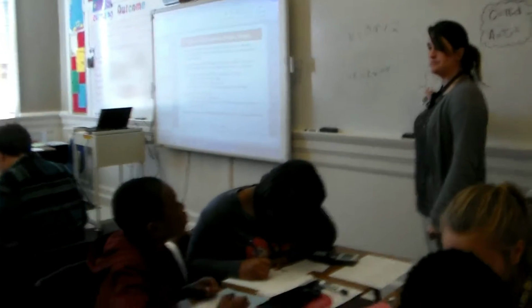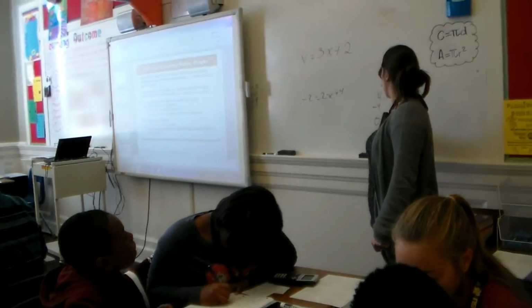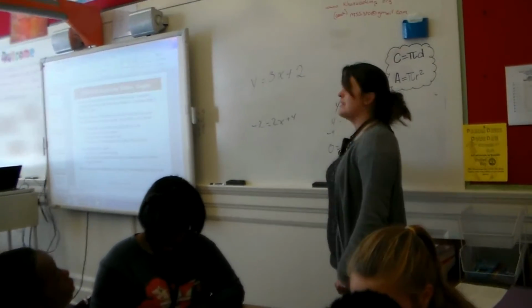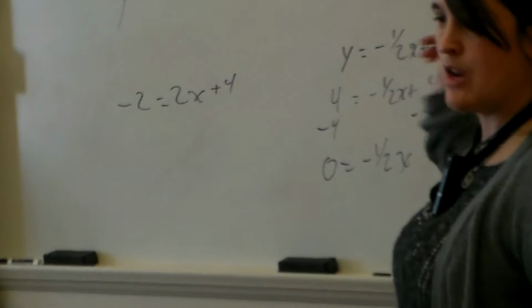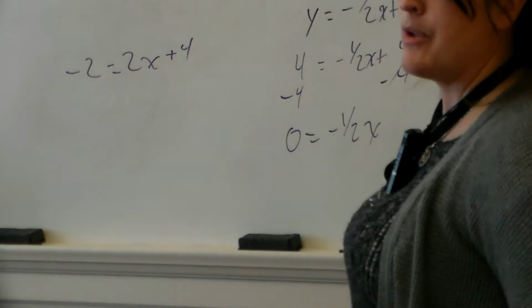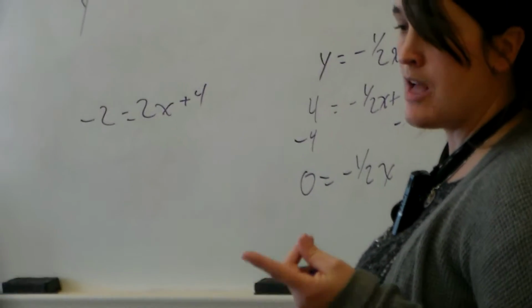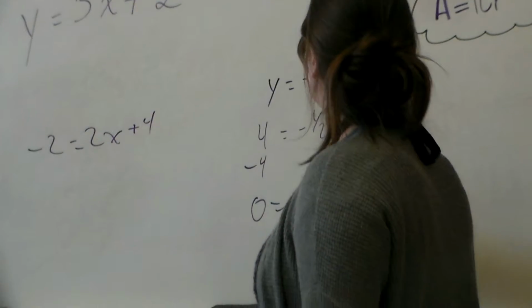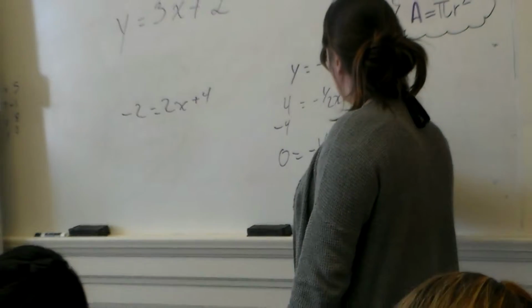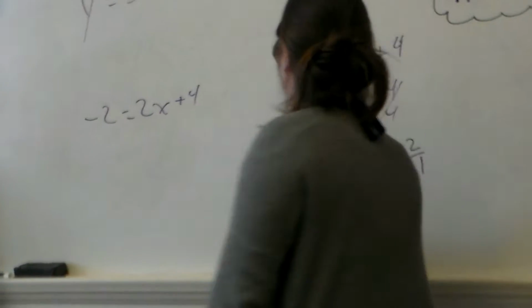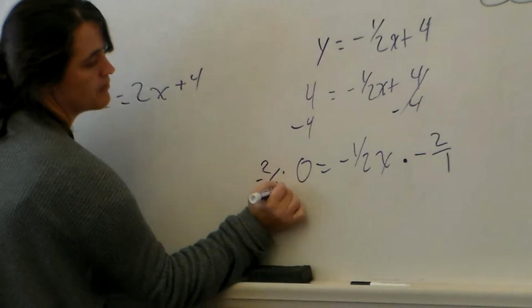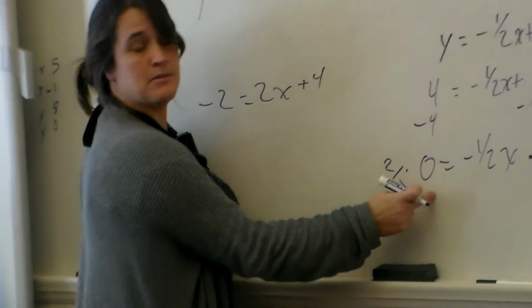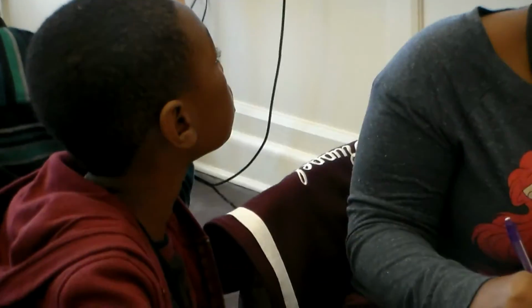What's 4 minus 4? 0. And then how do I get rid of that -1/2? Right, we can't divide fractions, so what do we do? Multiply by the reciprocal. So times the -2/1. So -2 times 0? 0.